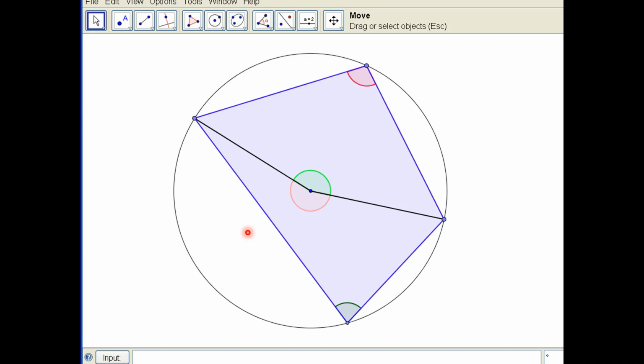Now, we want to say that this chord subtends an angle at the center and subtends at the what? Circumference. The same chord subtends an angle at the center in this side and subtends at the circumference at this side.